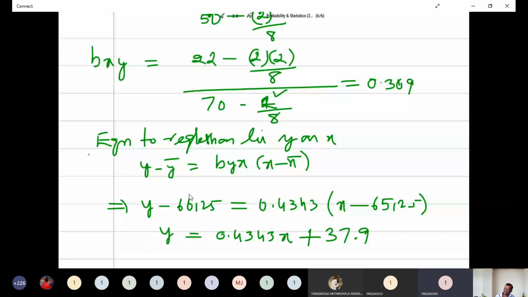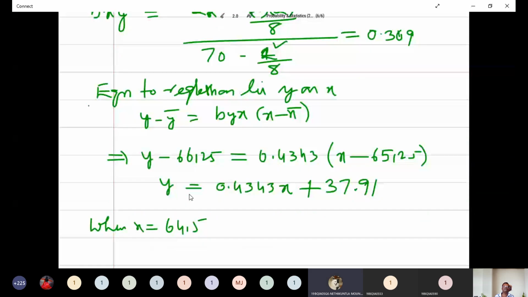Now, when x is equal to 64.5, that means the mother's height is 64.5, then we need to find the daughter's height. y is equal to question mark. Therefore, 0.4343 into 64.5 plus 37.91.